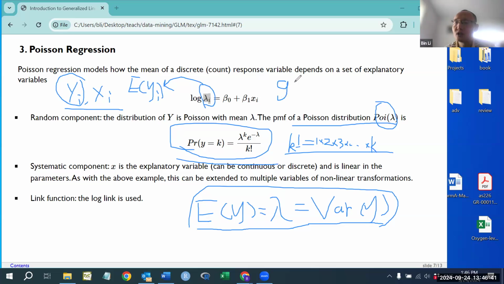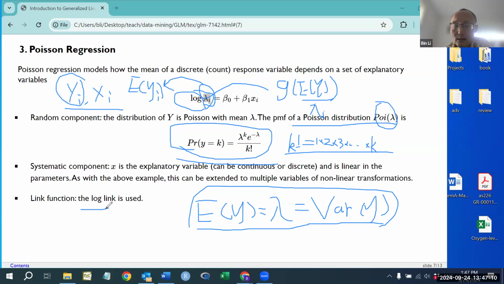The link function g is the log of the expected value of yi, which equals lambda i by definition. So the link function is log.